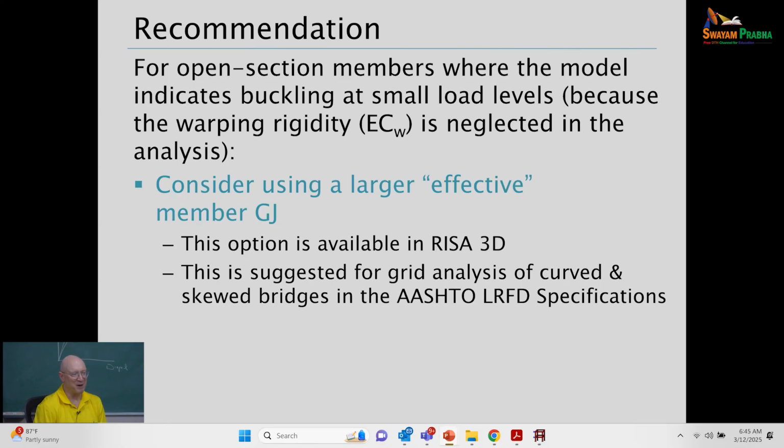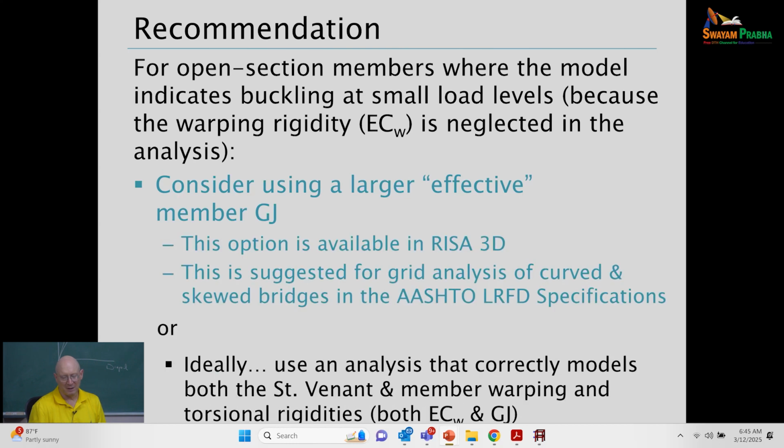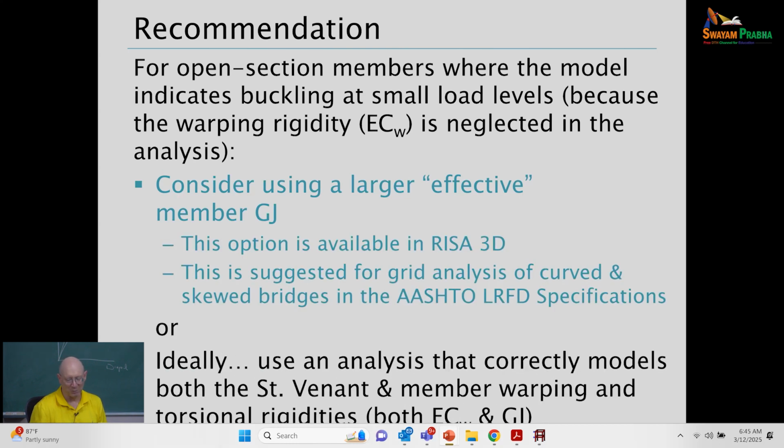Because you don't have a good model. So there are similar recommendations in the American AASHTO design standard for bridge construction that say, hey, for grid analysis, it's a rough approach, but you can use an equivalent GJ to get a reasonable solution.